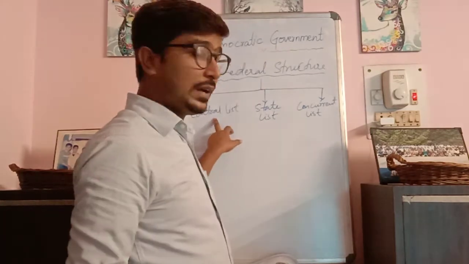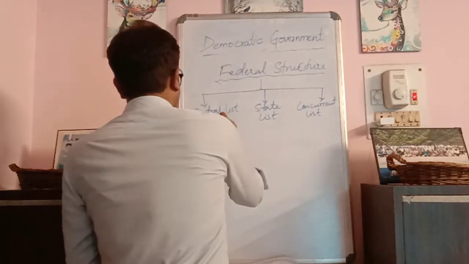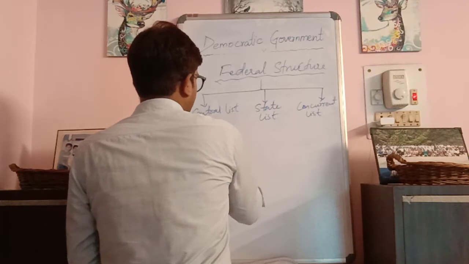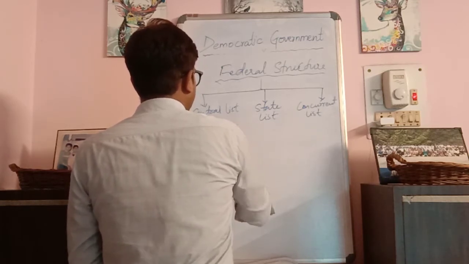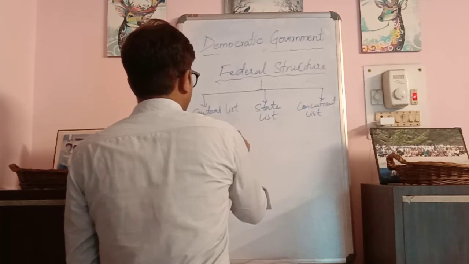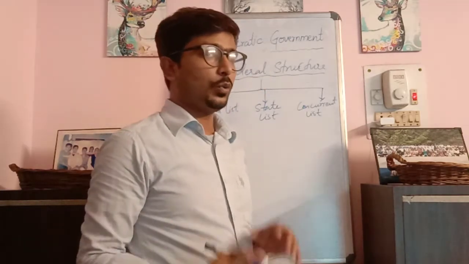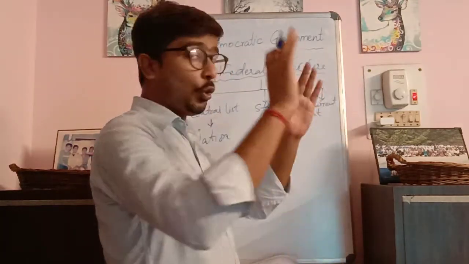First one is the central list, then the state list, then the concurrent list. Now, in the central list, you can say those important things which are related to the nation, or which cover the whole nation.